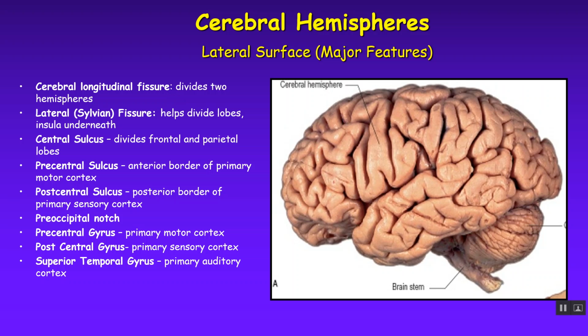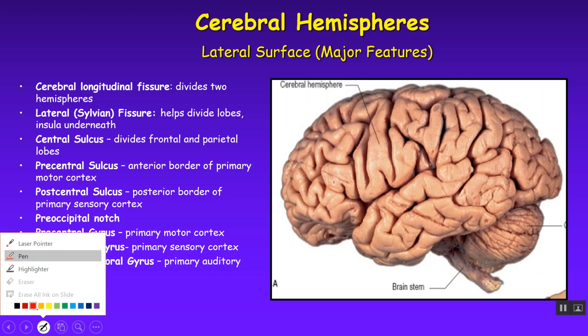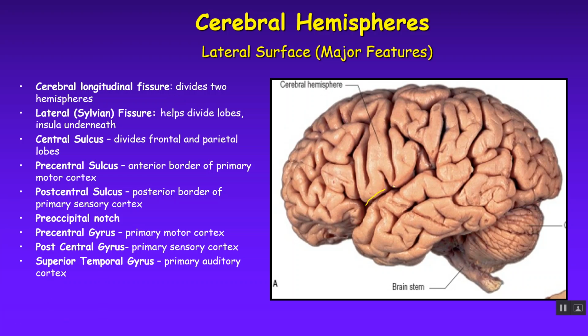The next one you're going to try to find is the lateral sylvian fissure, which should be easy. That's this guy right here, this lateral sylvian fissure that divides between the frontal and parietal and temporal lobes, okay?